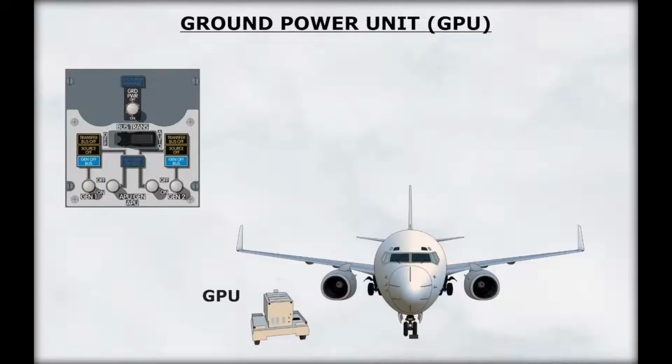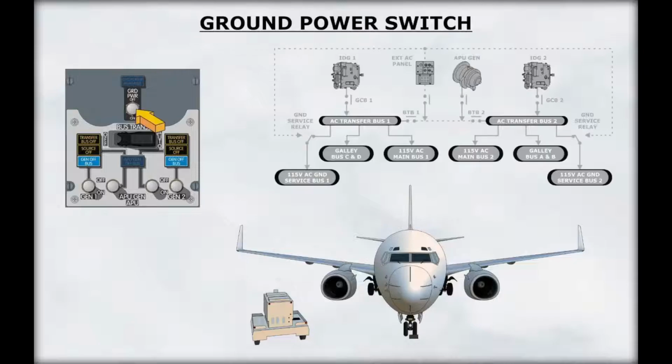The transfer buses can also be powered by an external electrical power cart or GPU. The application of GPU power is controlled by the ground power switch. The switch has three positions: on, off, and spring-loaded to the center neutral position.